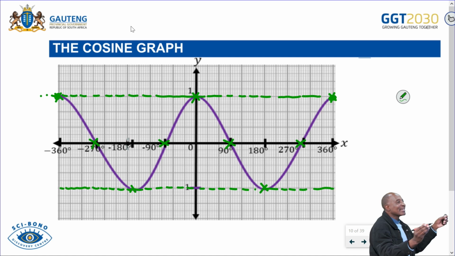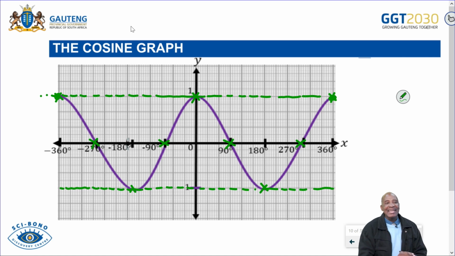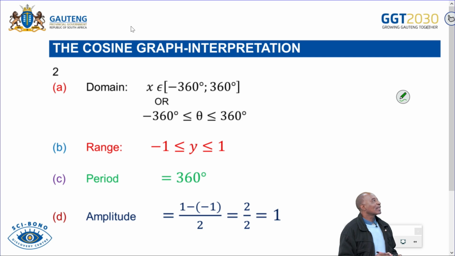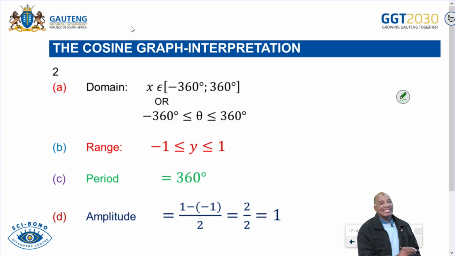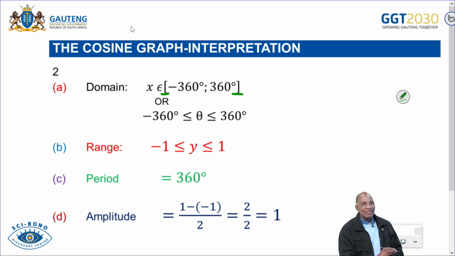Otherwise, domain, you are focusing on the x values. This graph starts exactly at -360 and stops exactly at 360 degrees. So our domain is going to be x is an element of -360 degrees, just like the sine graph, to +360 degrees using square brackets if you choose that notation.